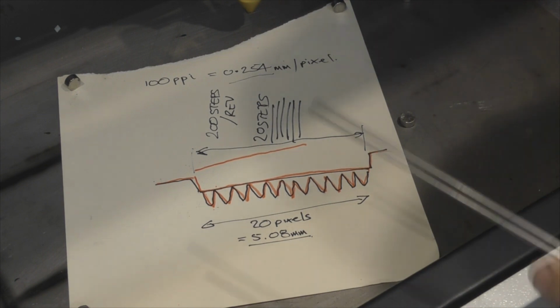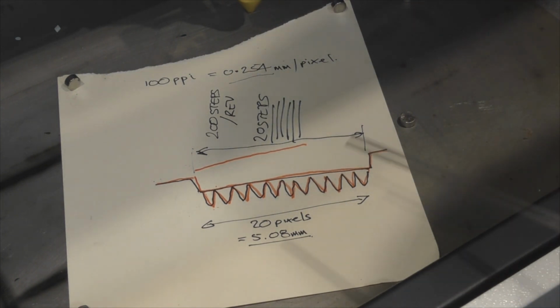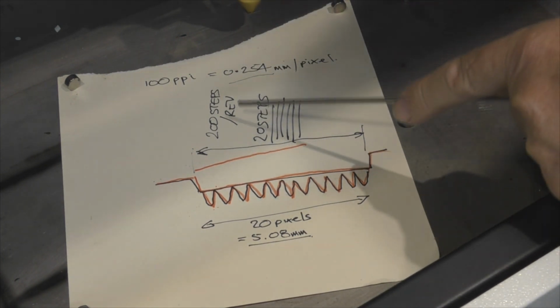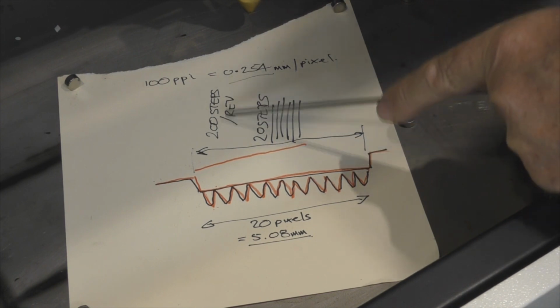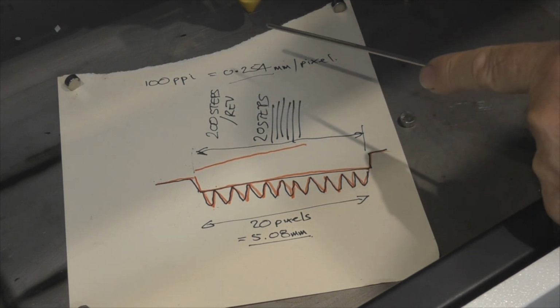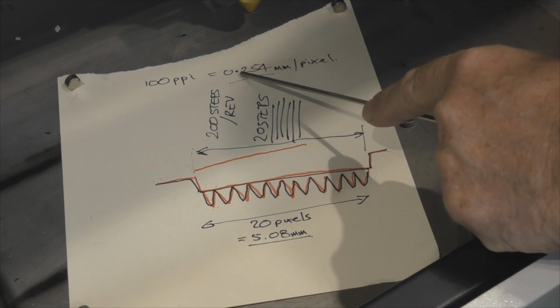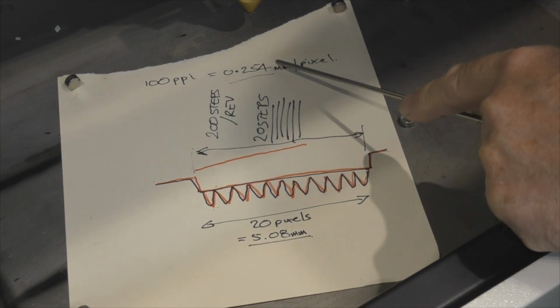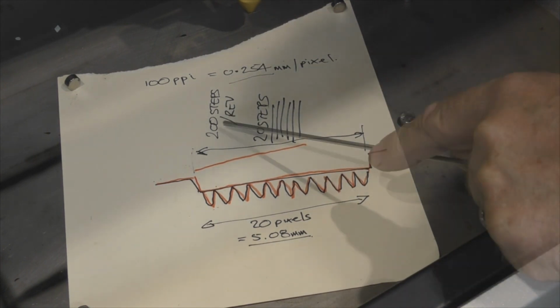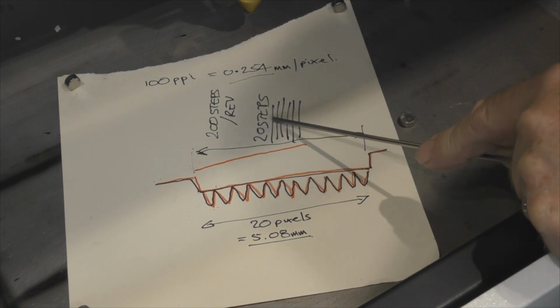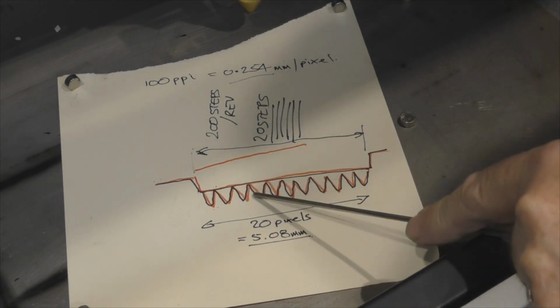Now, let's just make an amazing assumption that my stepper motor, which is 200 steps per revolution, happens to travel 0.254 for every step. Now that means it's going to take 20 steps to travel across this pattern.